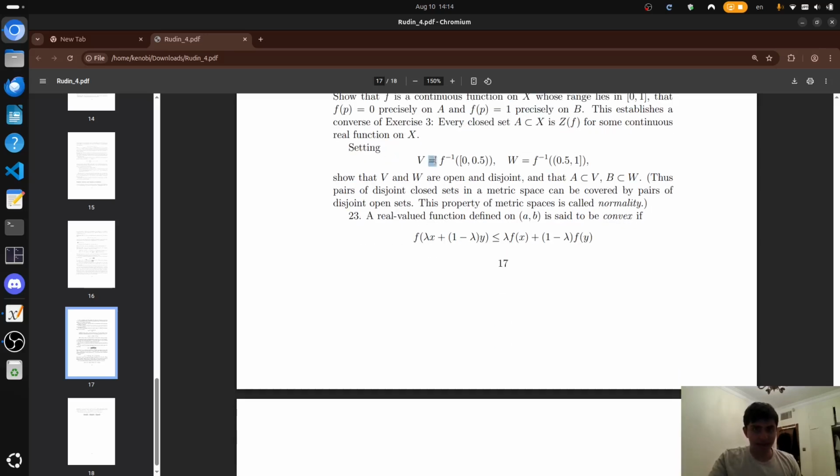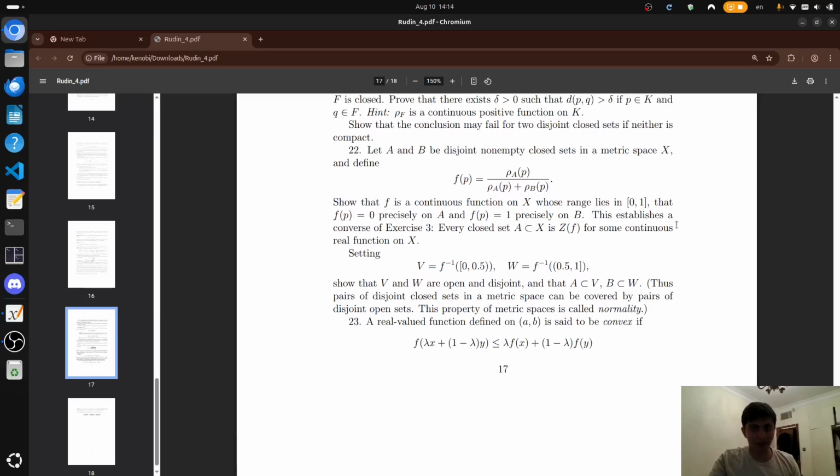Okay, now if we set V equals f inverse of 0 to 0.5 and W equals f inverse of 0.5 to 1, we can show that V and W are open and disjoint, and that A is in V and B is in W. The strategy here is that you can describe the set of all the function as the union of V with the point 0.5 and the union of W. We know that the union of V with the point 0.5 is closed.